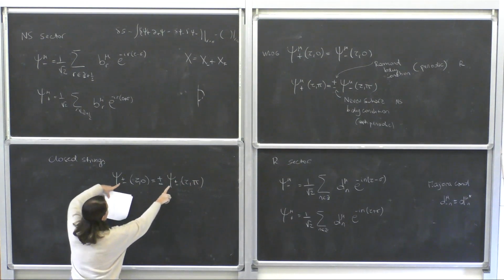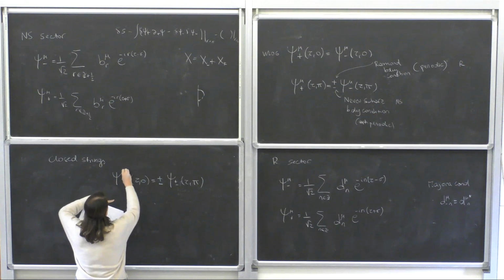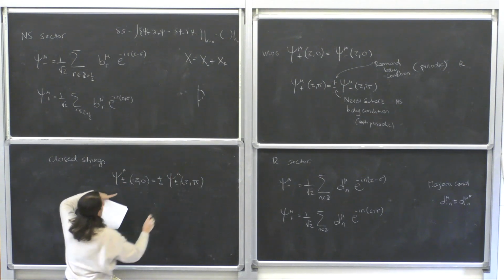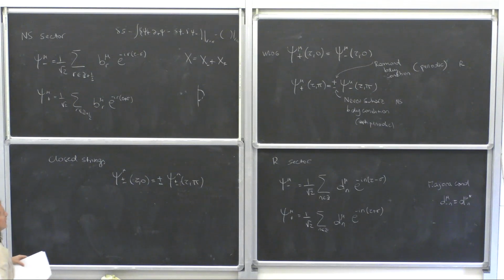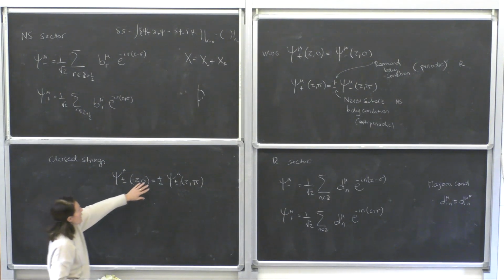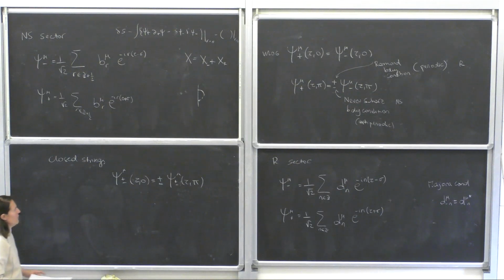So here these two are related, and this is for mu. The plus with the plus and the minus with the minus, so I don't mix plus and minus in the closed string. And I can choose either sign.